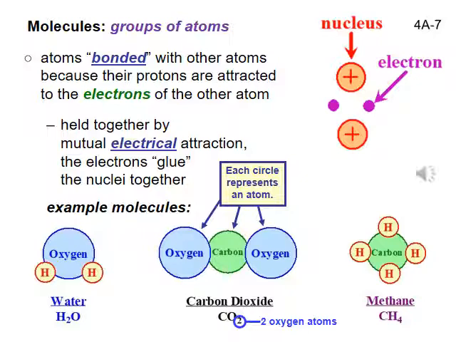When atoms bond together and remain in a group, we call the group a molecule. Molecules. A molecule is formed when two or more atoms are bonded together and remain together as a group or unit. A water molecule consists of two hydrogen atoms, H, and one oxygen atom, O, hence the formula H2O. Carbon dioxide, CO2, is a molecule made up of one carbon atom, C, and two oxygen atoms.